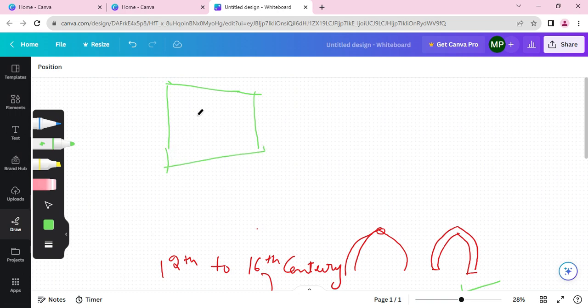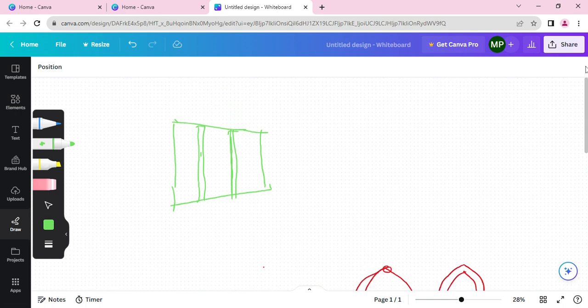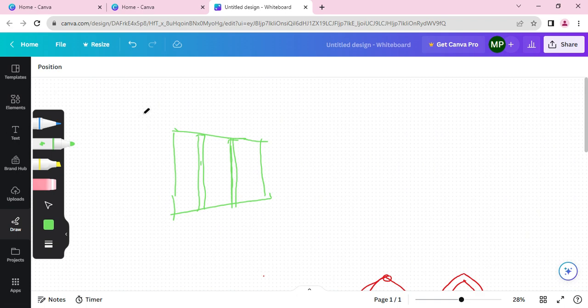Suppose we have a column sort of thing along the walls, and a lean-to roof sort of thing here.